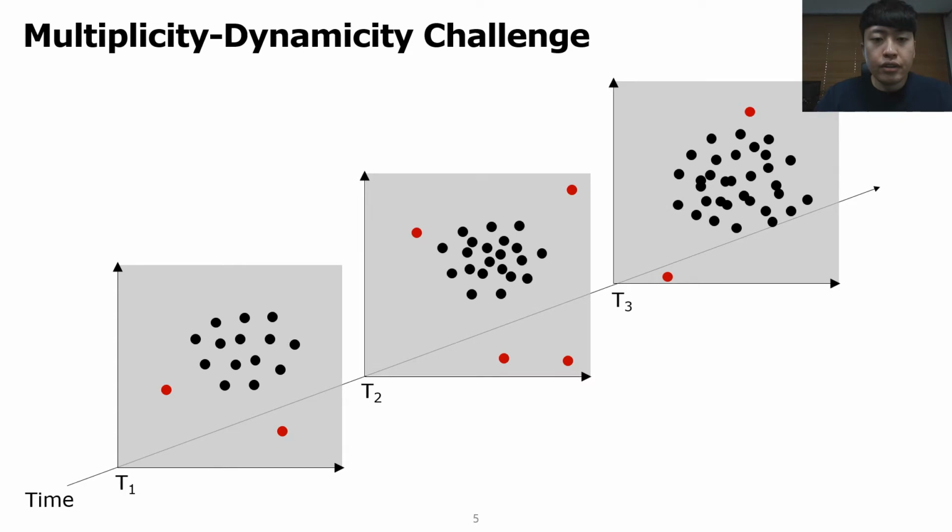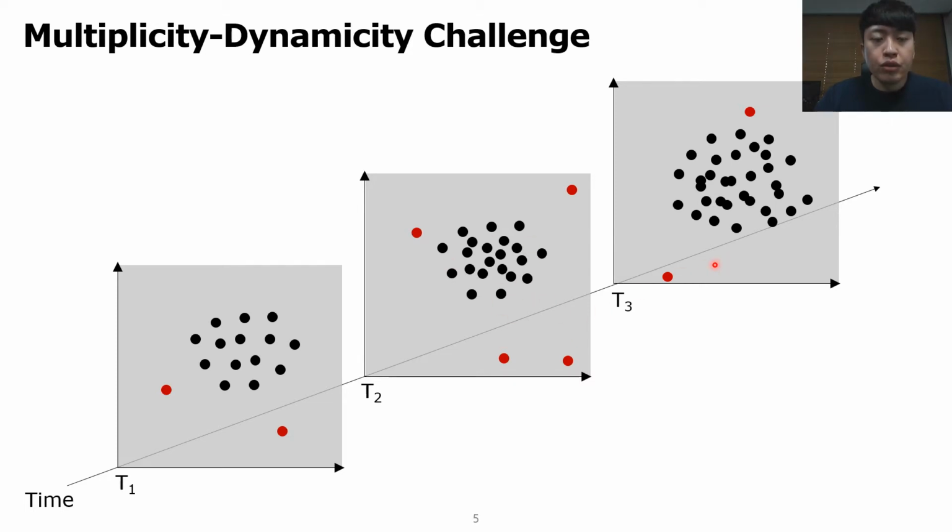As you can see in this figure, at every time step, the distribution of data points is changing, and at the same time, the outliers are also changing. The number of outliers is changing, and their characteristics, which means the degree of similarity compared with other data points, are also changing over time.